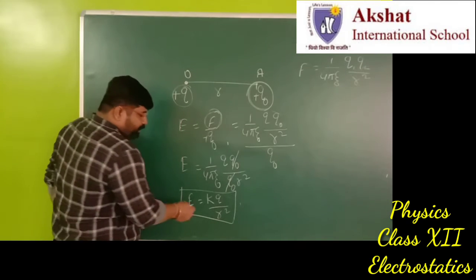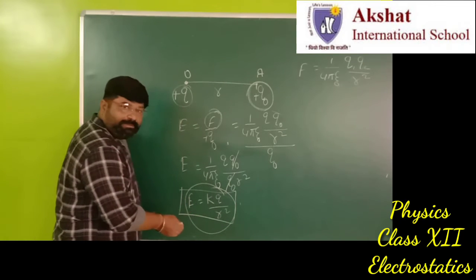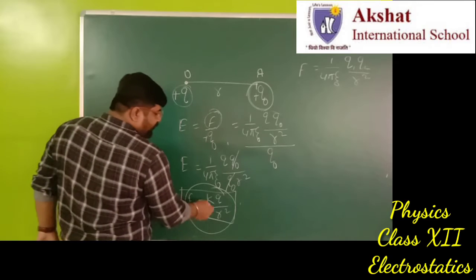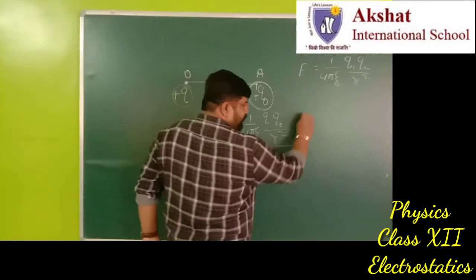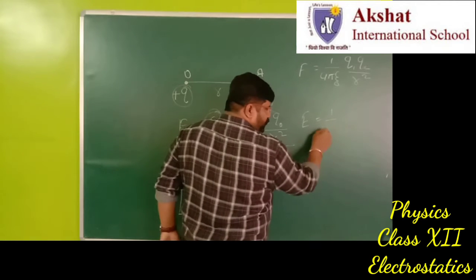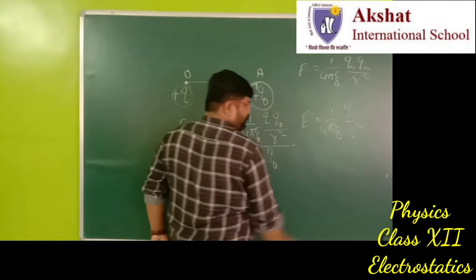Fine. So the formula for electric field strength due to a point charge is kq by r square, or I can say that E is equal to 1 upon 4 pi epsilon naught q upon r square.